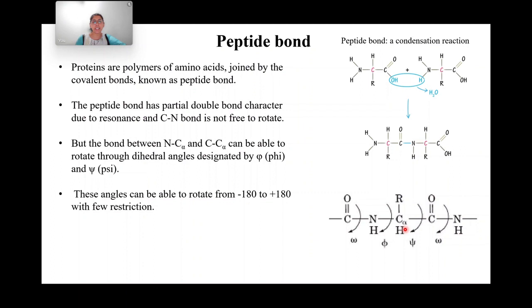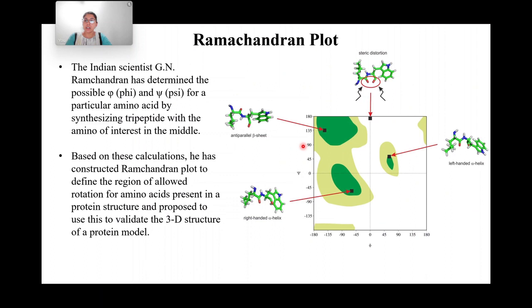In this kind of plot, this is the minus 180 to plus 180 axis, and there are different kinds of secondary structure in a protein. It can be a beta sheet, it can be a helix. We had seen helix, and we can also have something called beta sheet.